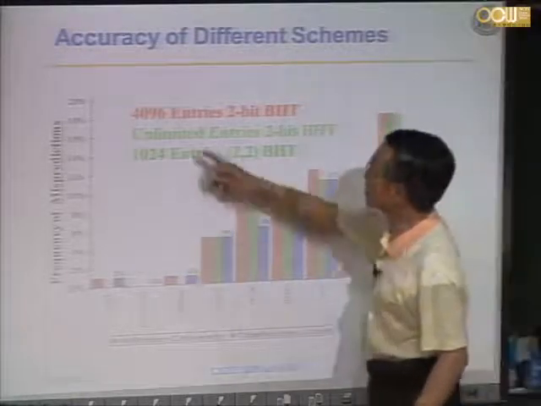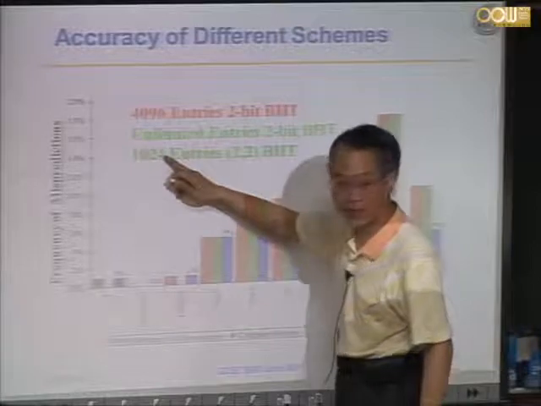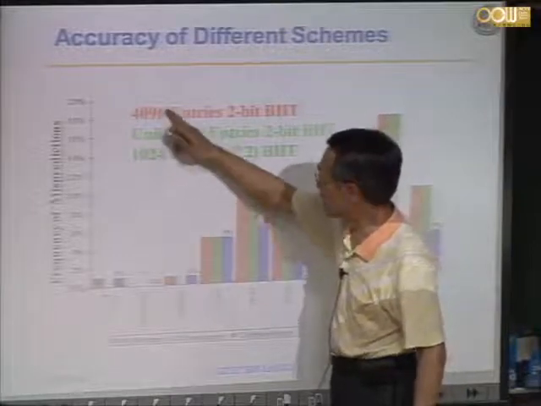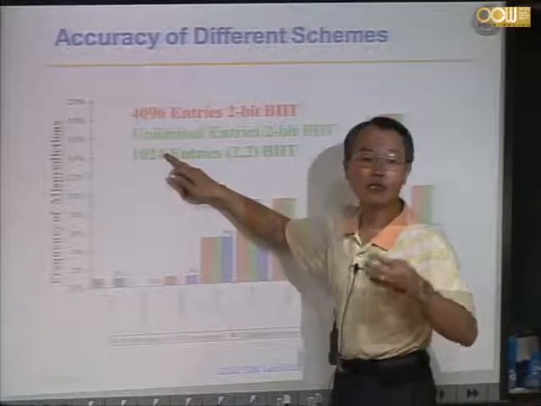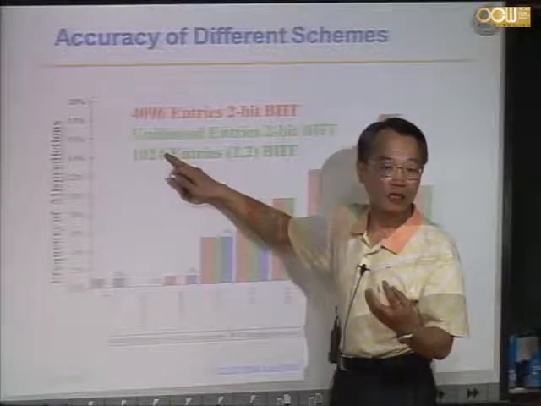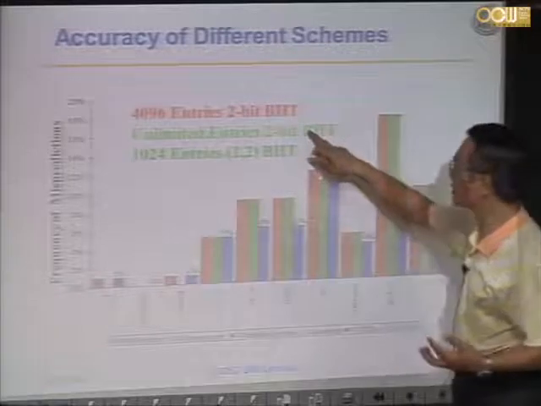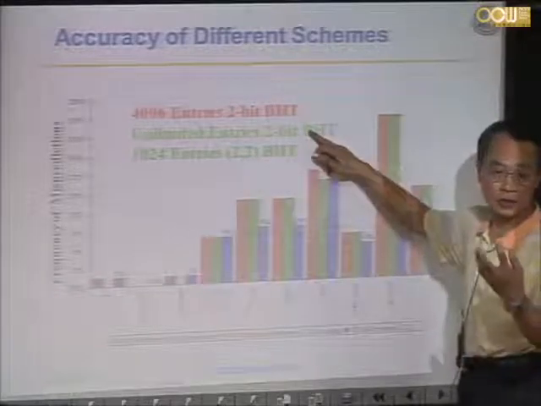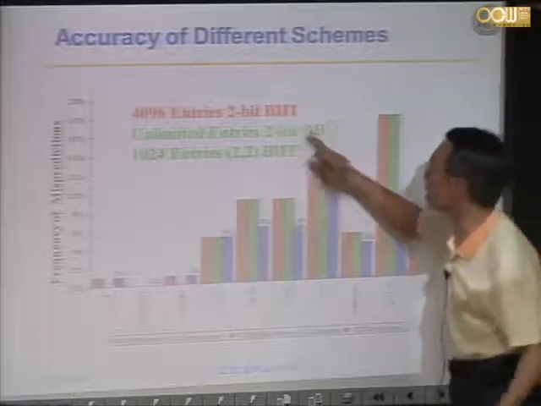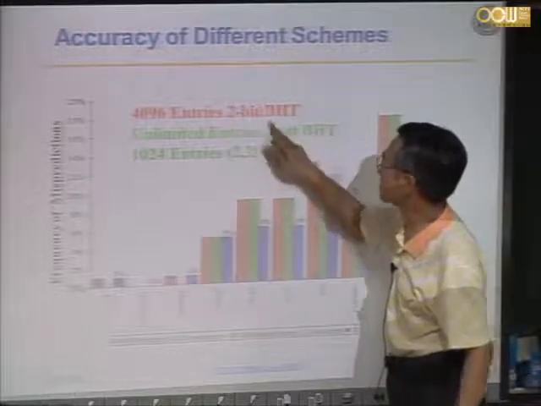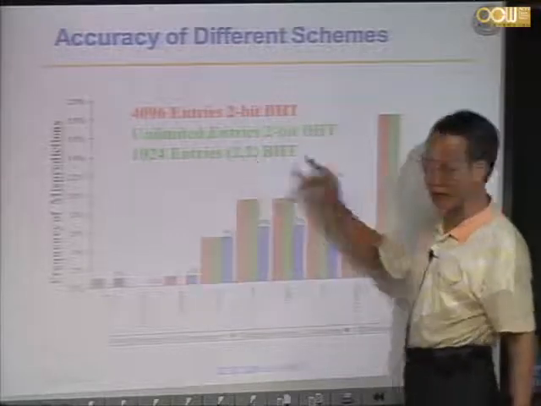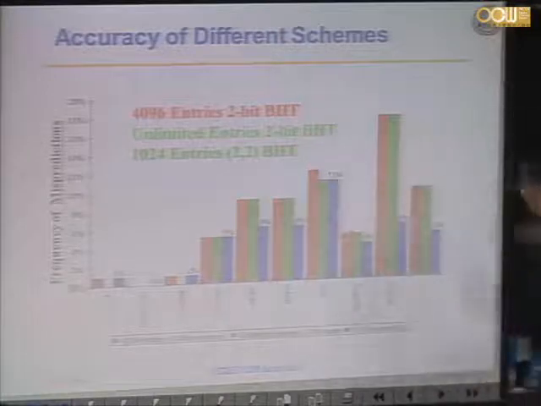In other words, these 2 have the same storage requirement. And this one has unlimited storage, okay? And they all use the 2-bit scheme. Okay, so the result is like this.